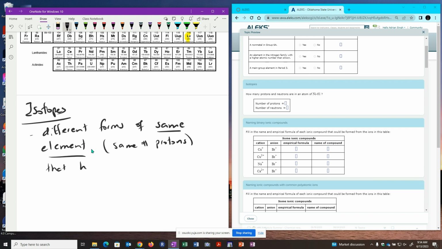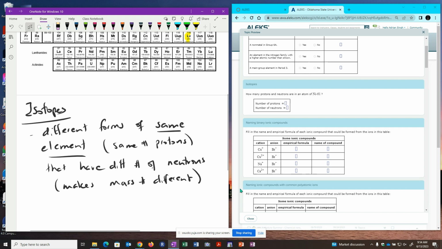But they have different numbers of neutrons, which then would make their mass numbers different. Right? That's how we define our isotopes.